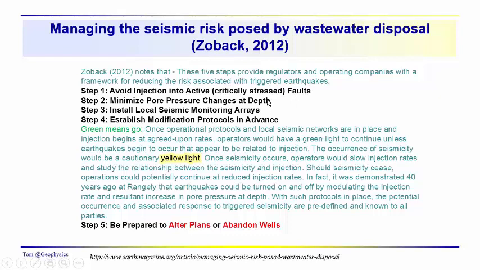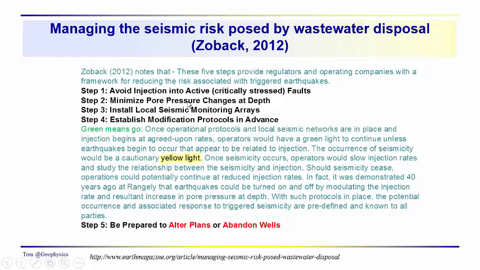Even in a stable cratonic area, you will find faults that are optimally oriented and critically stressed, so if you start injecting or disposing of wastewater in areas that can reach these deeper faults, usually in the crystalline basement, then you're likely to produce seismicity.